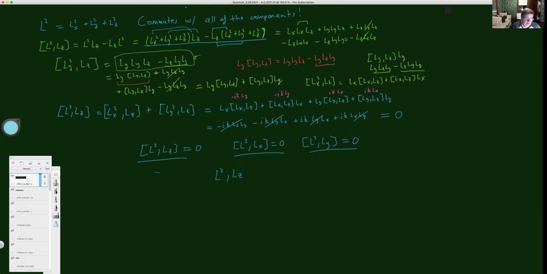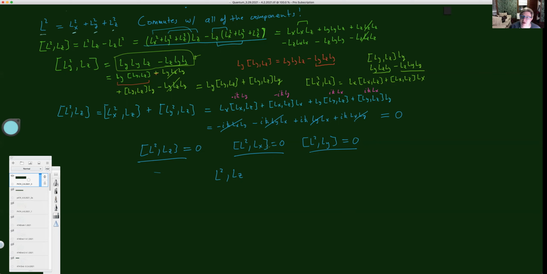Last time we saw that the only things that commute in the set of components of the angular momentum vector were the total angular momentum, L squared, and any of the components, for instance L squared and Lz, or L squared and Lx, or L squared and Ly.